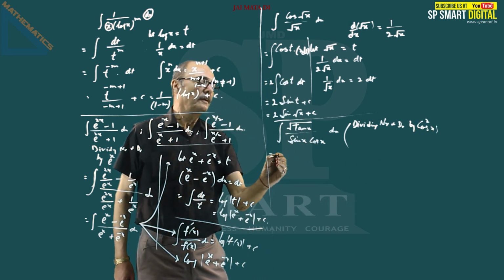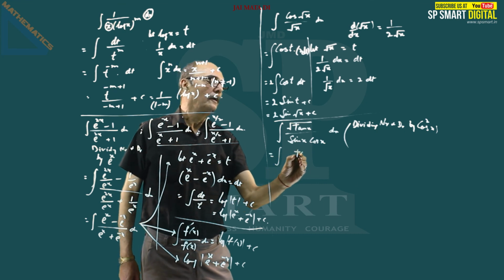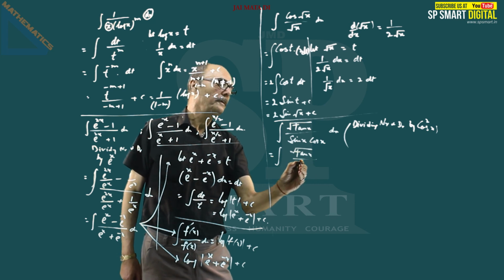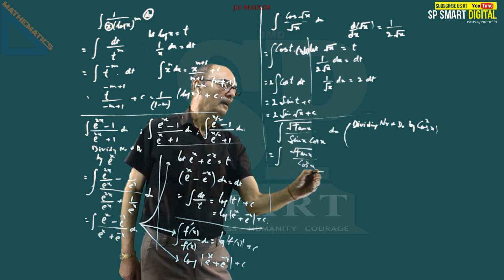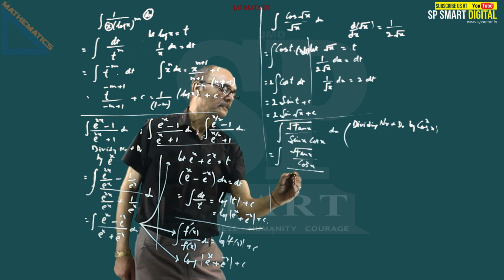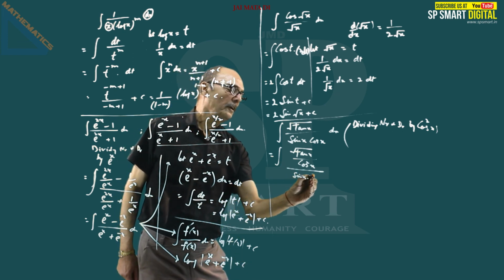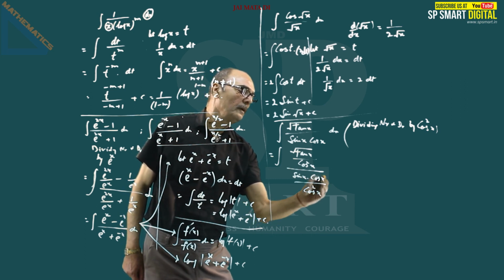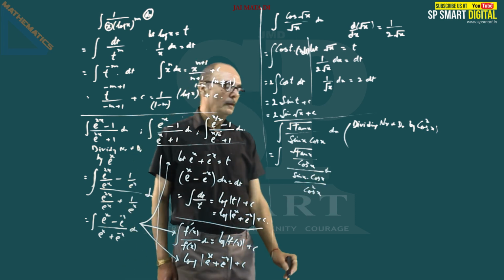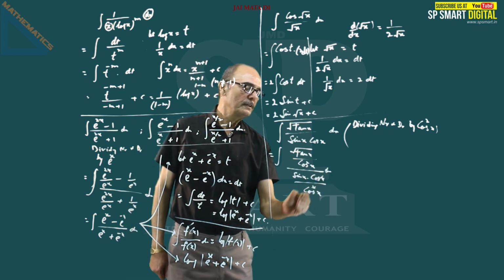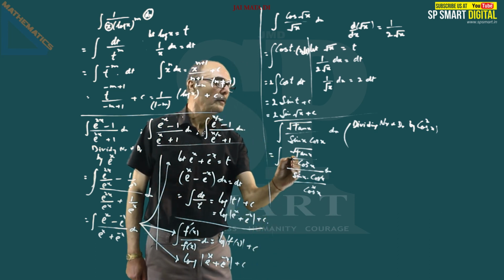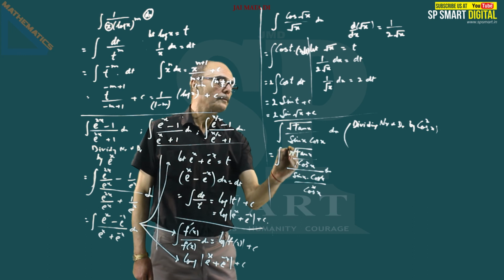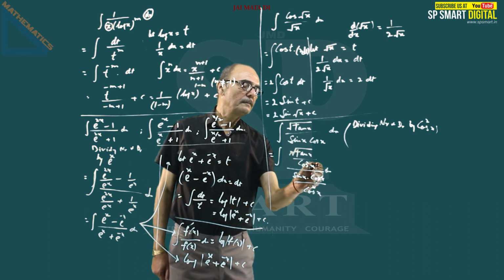So, we have the result here, integral under root tan x divided by cos square x and sin x into cos x divided by cos square x d of x. This cos x gets cancelled with this square. So, this is root tan x. Bring this cos square x in the numerator.